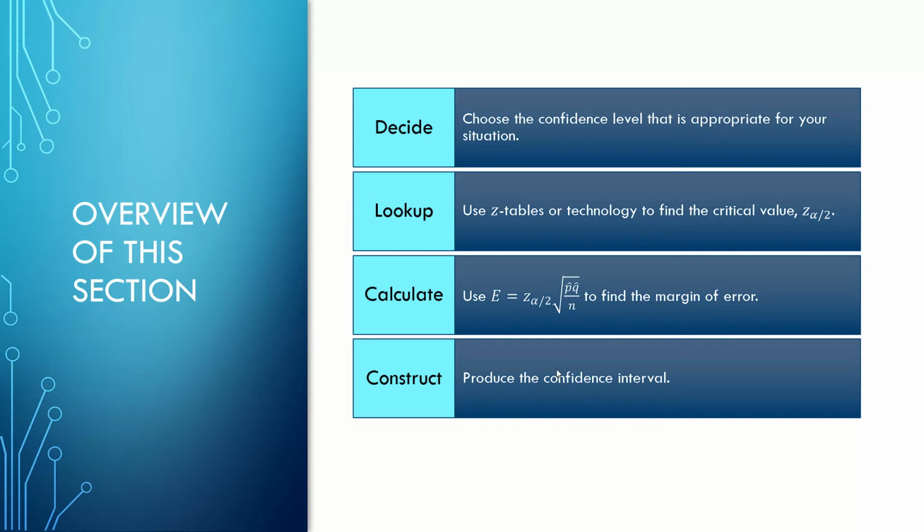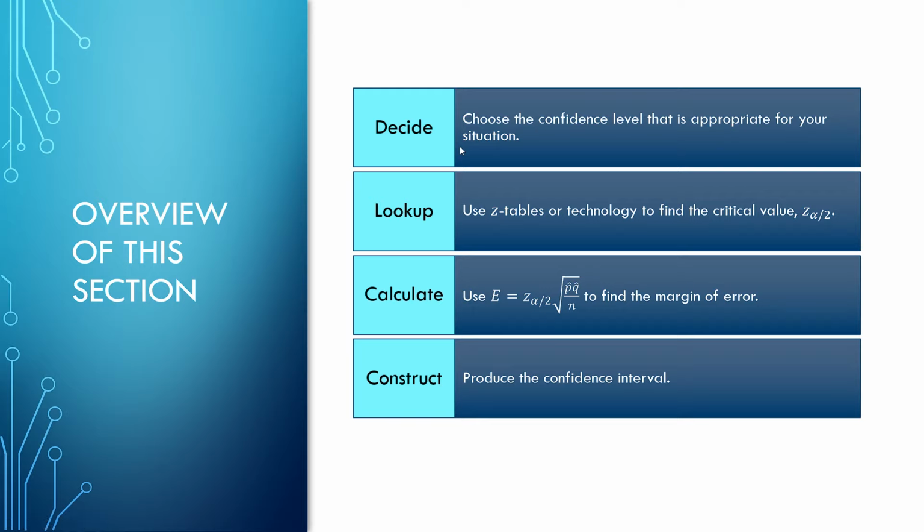And so what we're going to do in this video series is come up with a level of confidence that's appropriate for our situation. So we're going to decide that. And this is something I want you to keep in mind through this whole section when you're watching these videos, when you're working the problems. First, you decide what confidence level is appropriate for your situation. And we'll talk about that first.